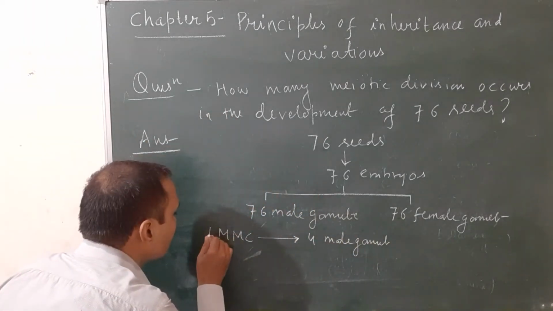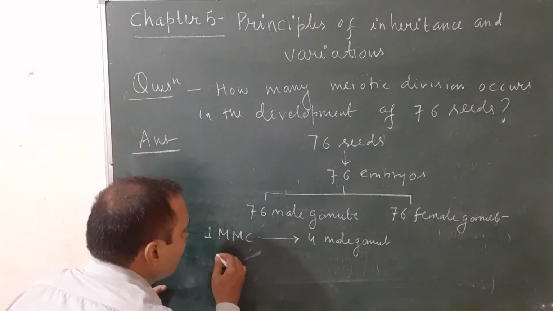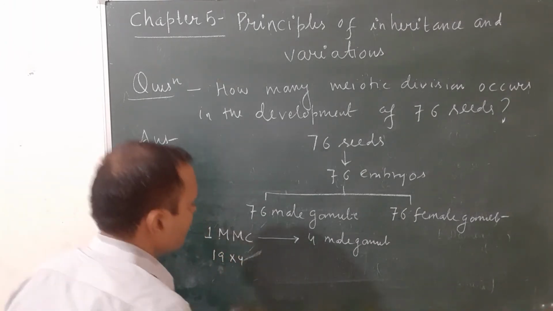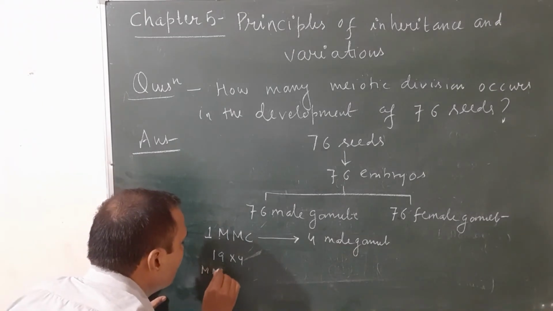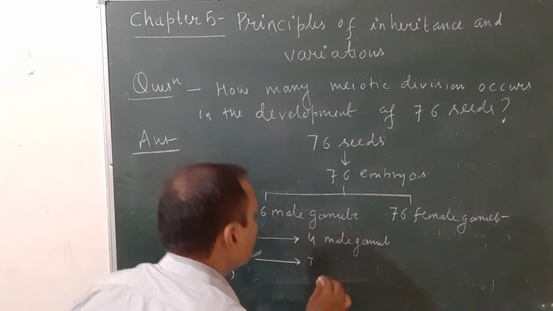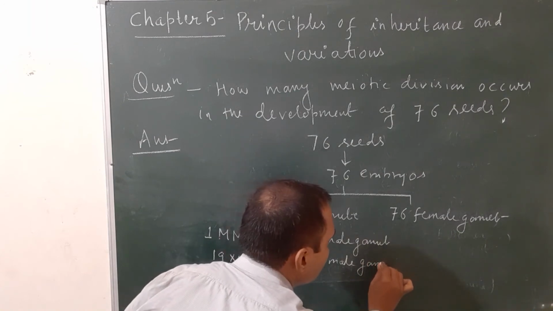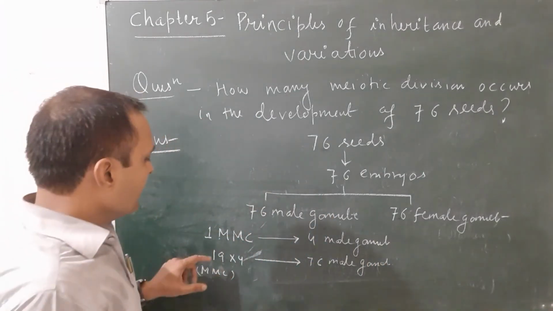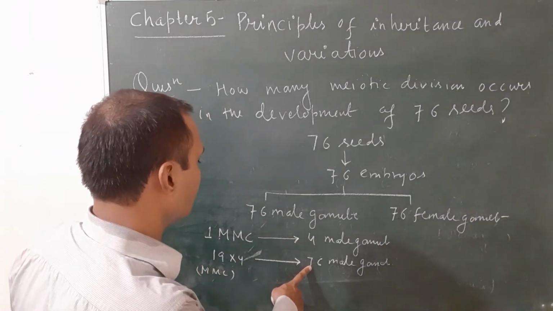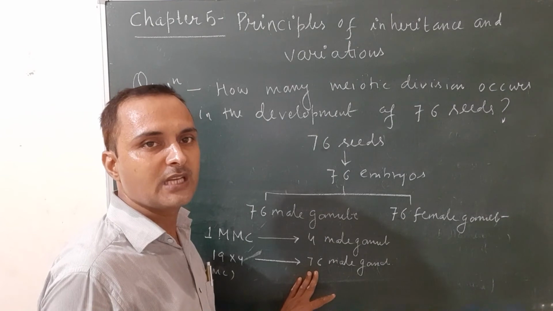So for 76 male gametes, you can say 19 into 4. So 19 microspore mother cells will give 76 male gametes. 19 meiotic divisions take place in the synthesis of 76 male gametes.